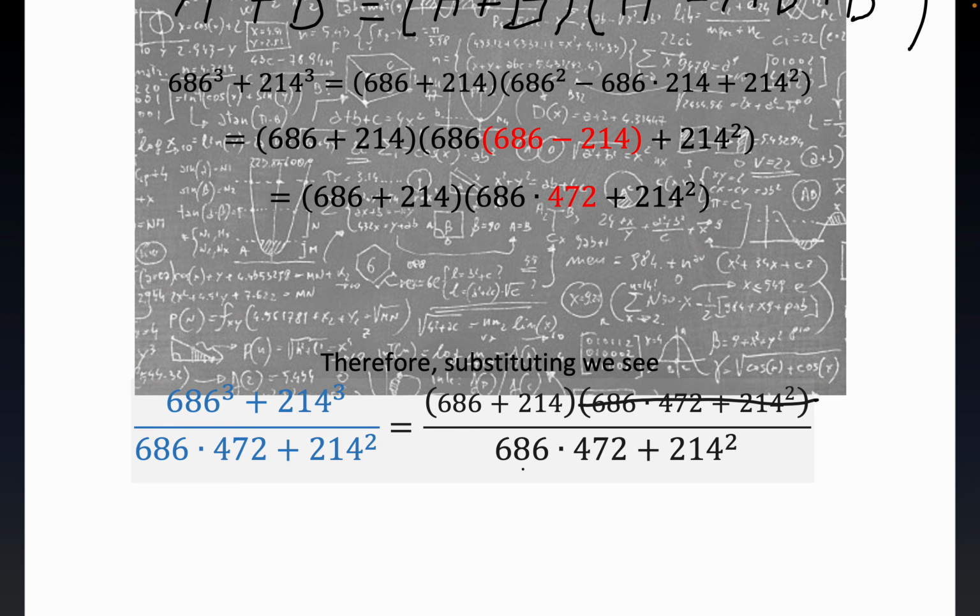That factor will cancel with this identical factor directly underneath it. Again, not having to know the magnitude at all. And so we end up with the sum of 686 and 214, which turns out gloriously to be 900.